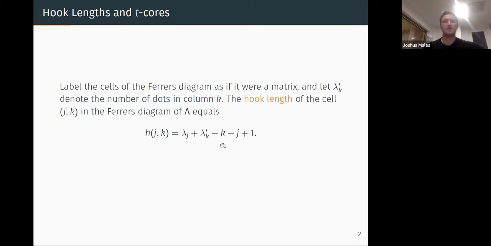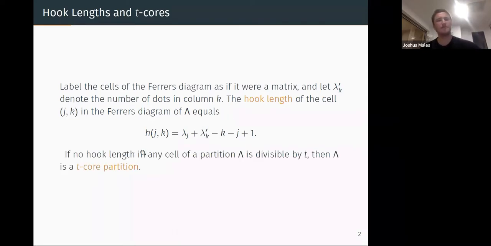This looks a bit messy, but it is very natural when we come to look at it. If I calculate this formula for every cell in our partition, and none of these hook lengths is divisible by t, then lambda is called a t-core partition.